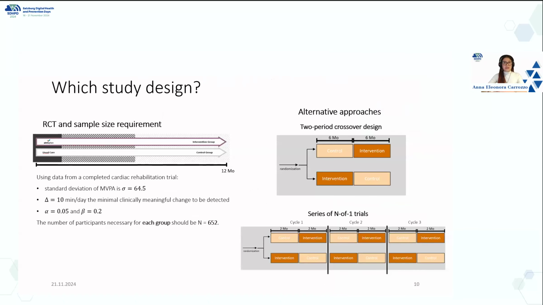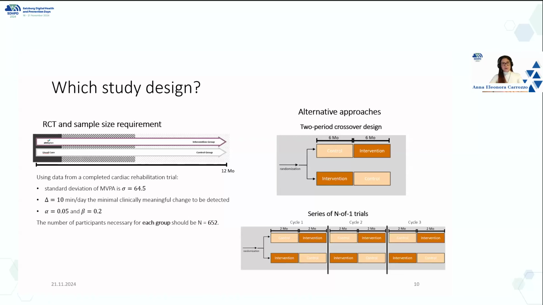So which study design to use? If we go for a traditional randomized control trial, so participants randomized to the intervention, that is the Active Plan, or to the standard care, it is possible to use data from a completed cardiac rehabilitation trial to compute the sample size requirement. And we can see that the sample size necessary for each group should be 652. That is a huge number.